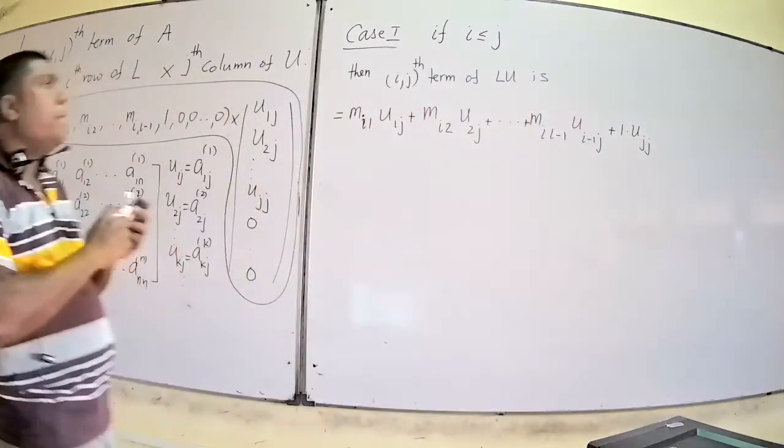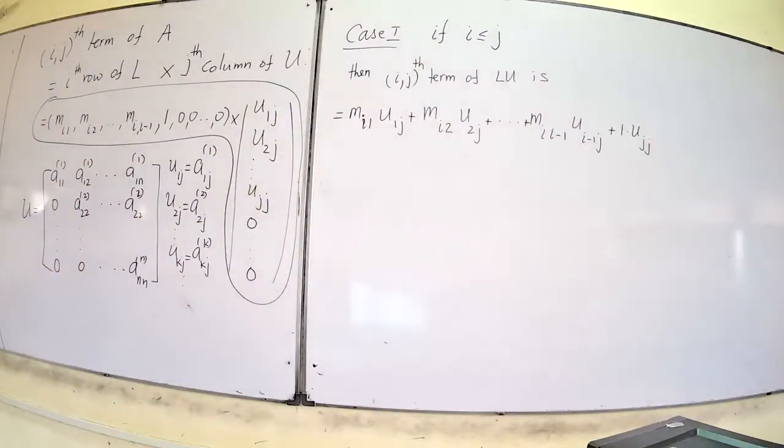If i is less than or equal to j, the maximum i can go is j. If i is equal to j, then these two have equal terms or this has fewer terms. This is the best possible case you can have.